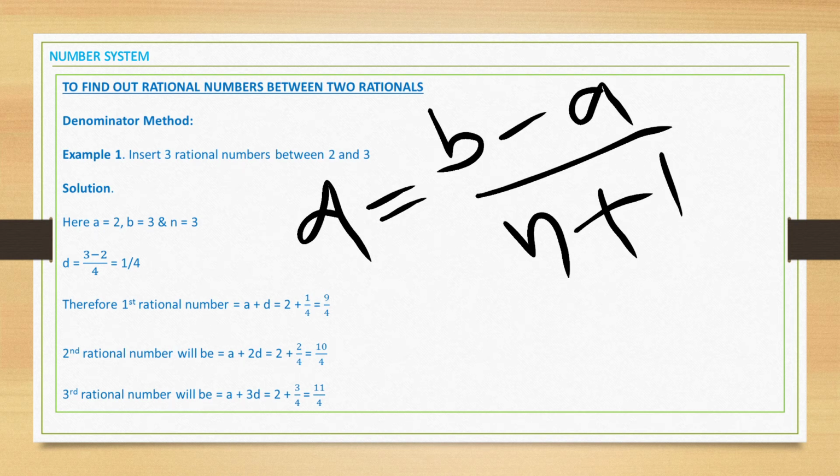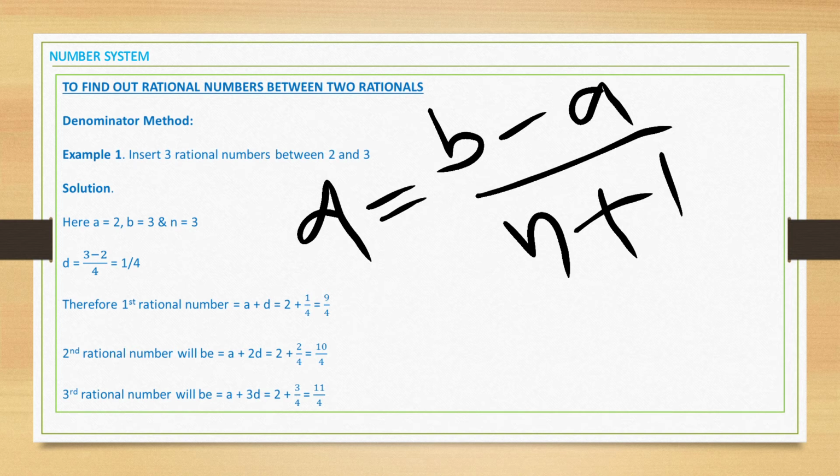Here a is equal to 2, b is equal to 3, n is equal to 3. Substituting all these values in the formula, d is equal to 1 by 4. After simplifying, you will get d equal to 1 by 4.